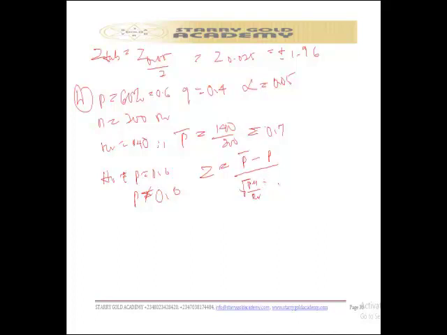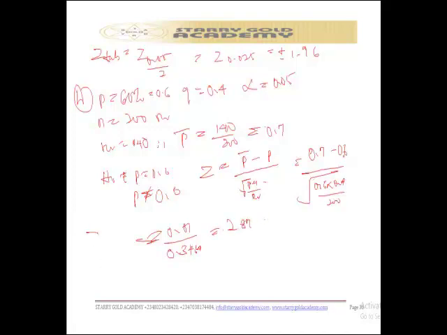So that will give me 0.7 minus 0.6 over the square root of 0.6 multiplied by 0.4 over 200. So that gives me 0.1 over 0.03464, which is equal to 2.87.